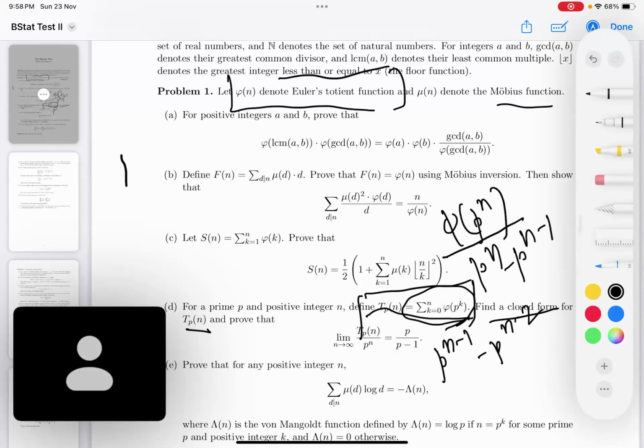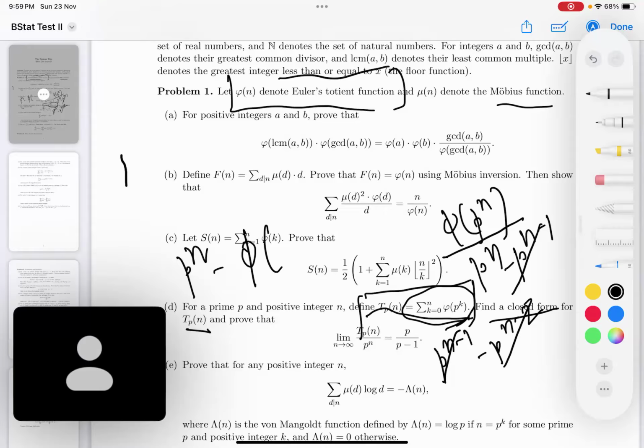So it will cancel out. All will cancel out, and what you will be left with is p to the power n minus, probably, 1. Yeah, I also think so.